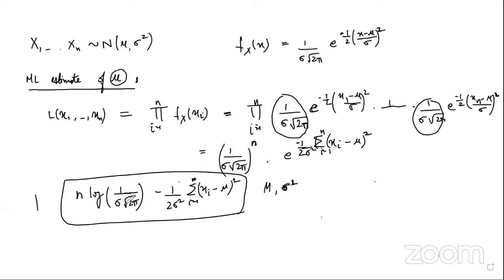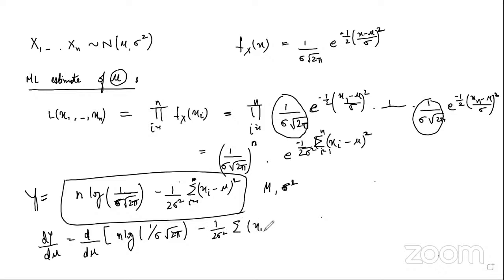Once you treat sigma as a constant, let's take this as y. So dy upon d mu is d upon d mu of n log 1 upon sigma under root 2 pi minus 1 upon 2 sigma square sum over (xi minus mu) whole square. Now the first term is all constant, so it is going to be 0. You can just cancel it.